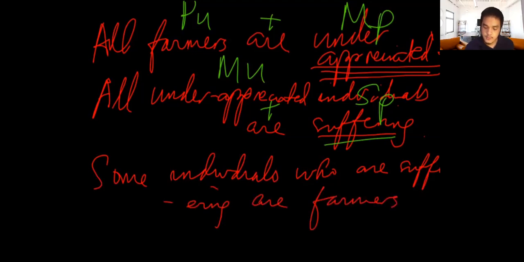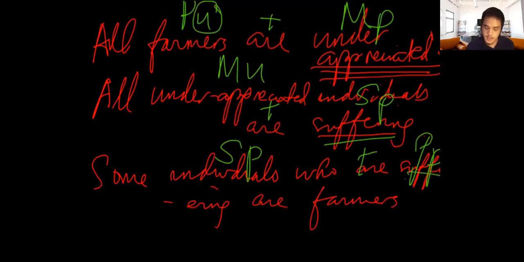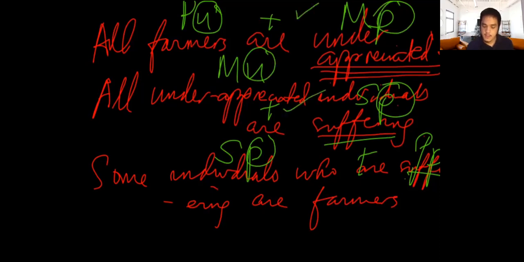Okay, so let's have the statement S or the schema SP plus, PP. So we have PU to PP valid, SP valid, MP, MU valid, plus, plus, plus. Okay, so those are the four figures of syllogism.